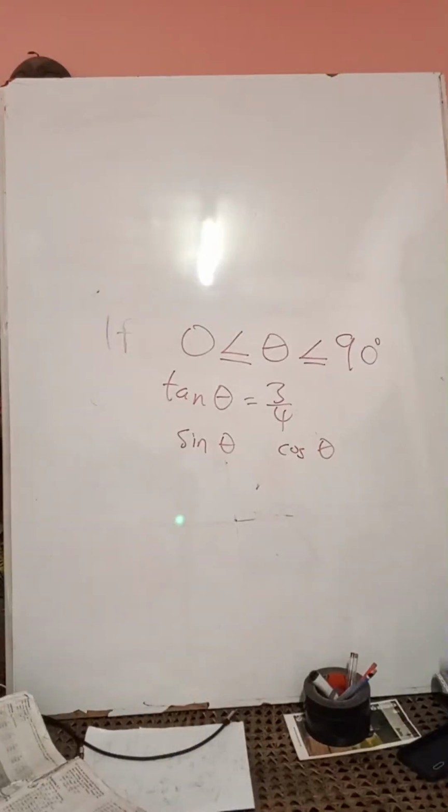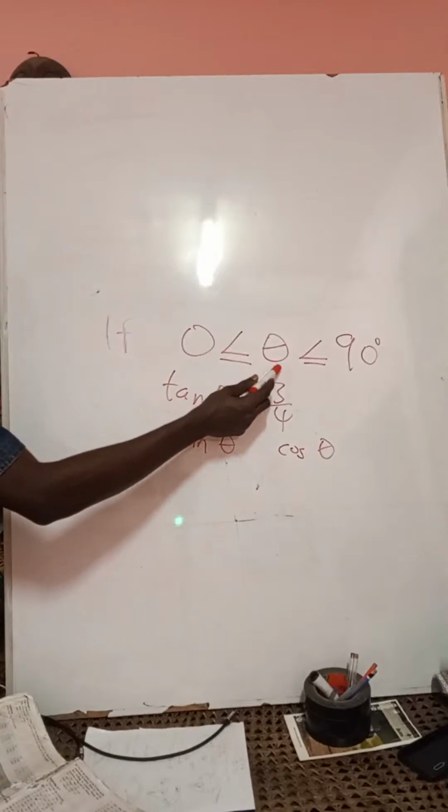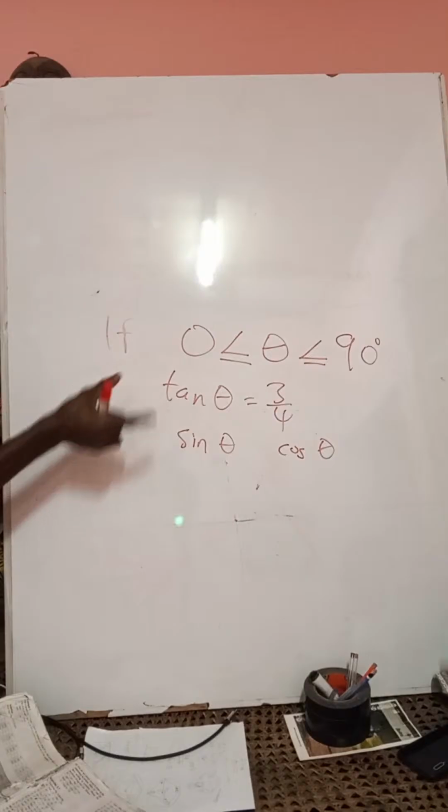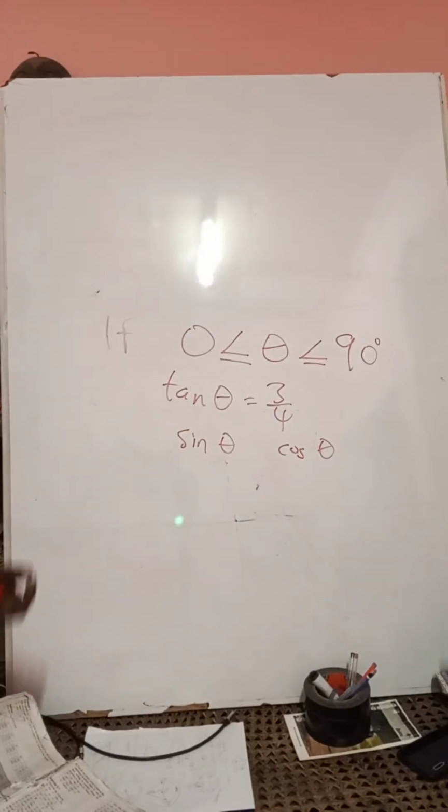Okay, so this question is really simple. When you get a question like that, this is how to read it. You start in the middle. If theta is greater than, so when the sign opens its mouth, it means greater than. When it closes the mouth, it means less than.